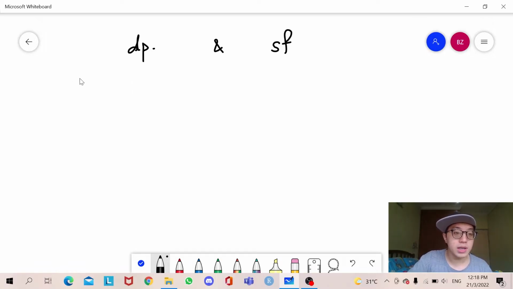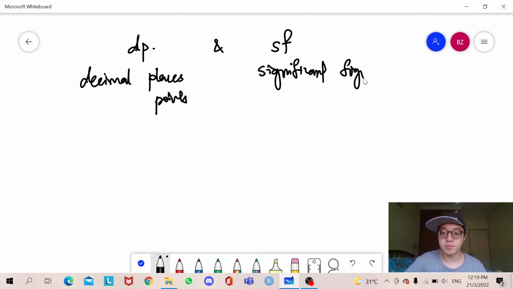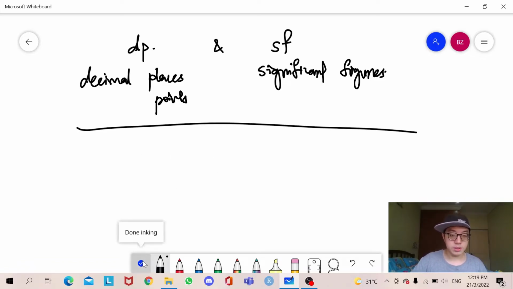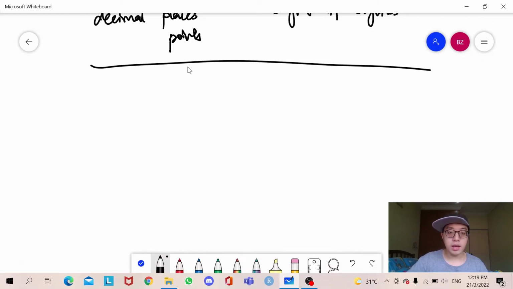So what is DP and SF? DP means decimal places or decimal points. SF means significant figures. Let's talk about the difference between DP and SF. We're going to have an example here.